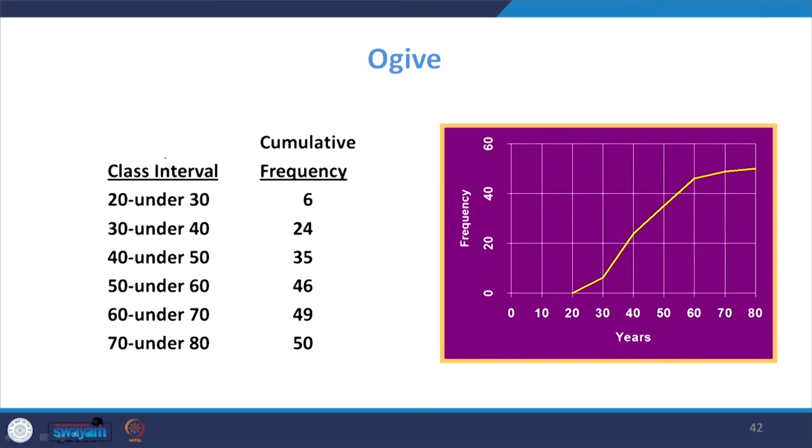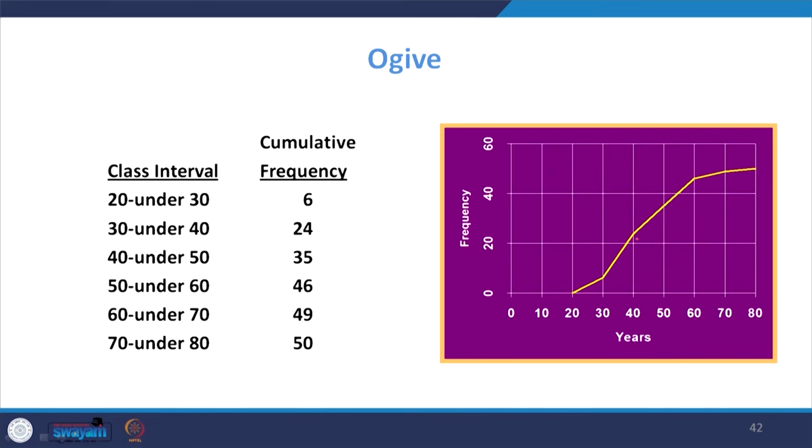The next one is the Ogive curve. This is a cumulative frequency curve. For example, for 20 under 30, the upper limit of the interval is taken on the x axis and the cumulative frequency on the y axis. For the first interval 20 to 30, at 30 the value is 6, and at 40 the value is 24, and that is marked.